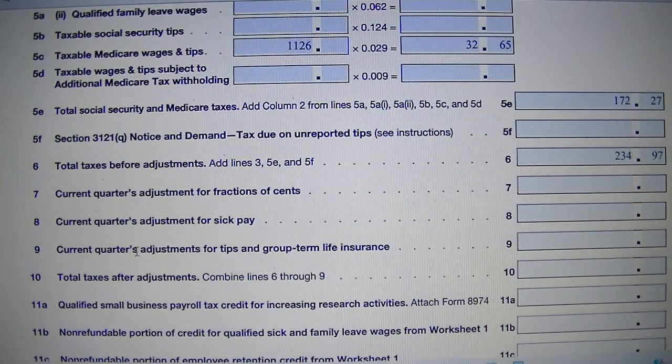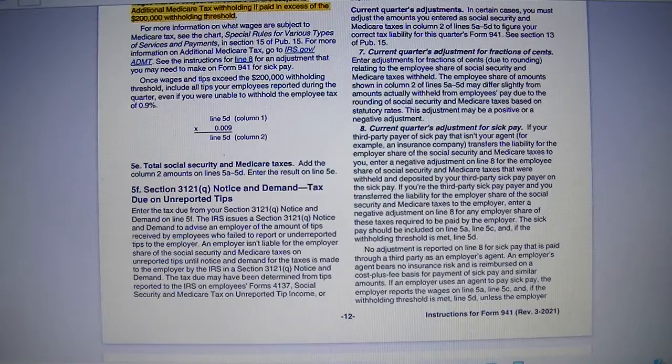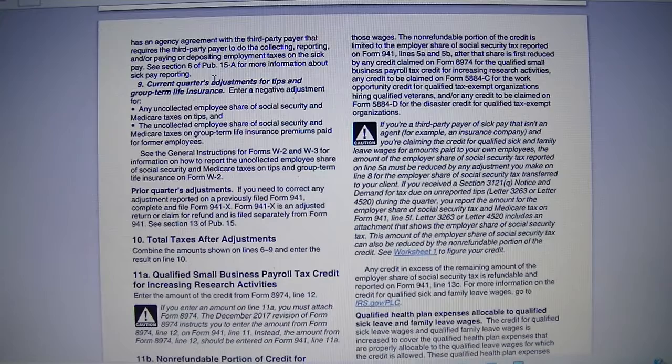Current quarter's adjustment for tips and group-term life insurance, the same thing applies here as well. You might want to read the instructions on page 13 on the unreported, uncollected employee share of Social Security and Medicare tax related to tips and group-term life insurance, and make the adjustment.